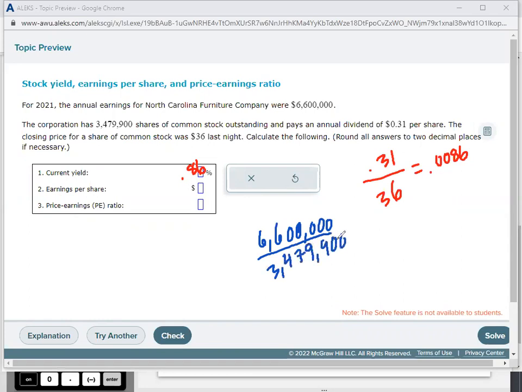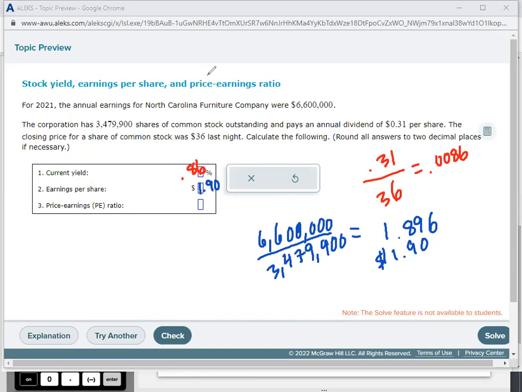Okay, and in this case, we're going to get 1.896, blah blah blah, and that's going to round off to 1.90 because notice the units are dollars, and so we just want to go to the nearest hundredth, which is cents. So $1.90.